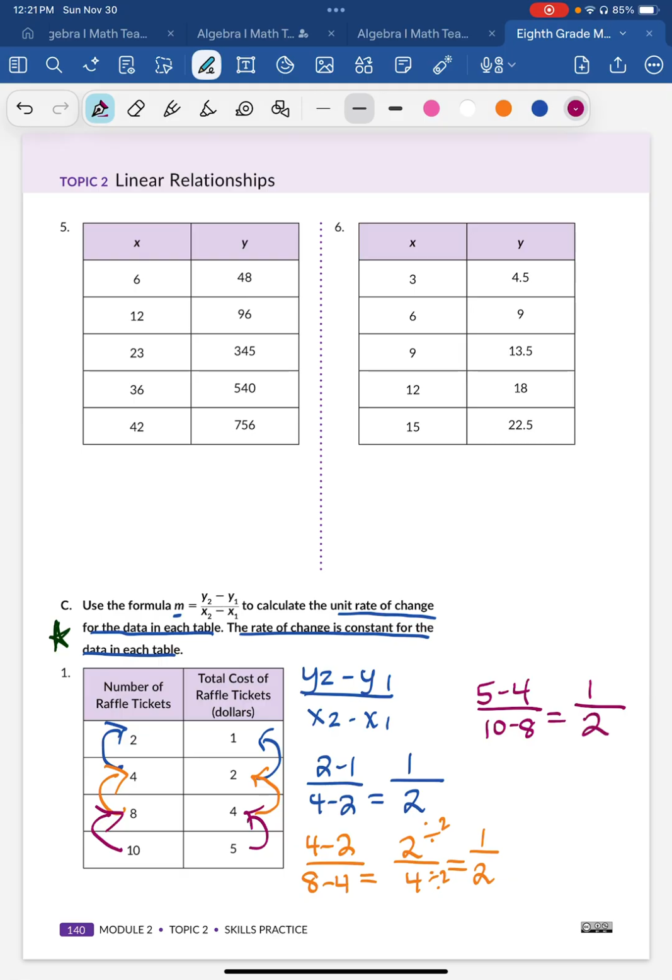Is that 1/2? Yes. So the rate of change is constant for the data in each table. The slope is 1/2 every time we did it. So that's how we could figure out that this relationship is linear, because the slope between each and every point is 1/2.